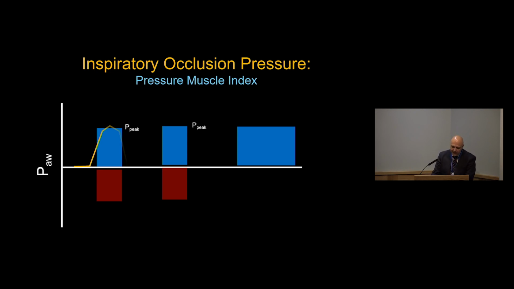So one of the idea is that you can do a end inspiratory occlusion maneuver. So you ask the patient, we're going to do a maneuver, you need to relax, try and relax. When we do that maneuver, there will be a plateau pressure.